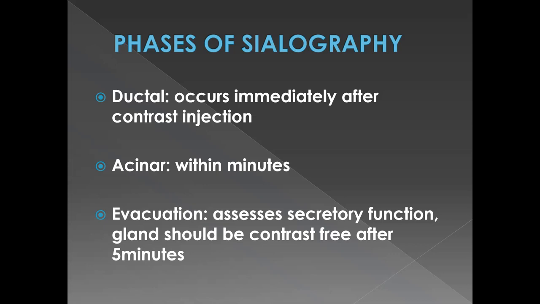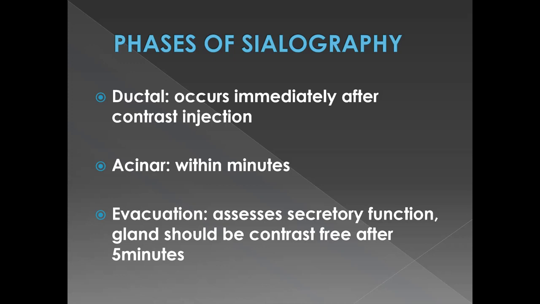So within 5 minutes it should be done. If you don't see any contrast inside the gland after 5 minutes, it means that the secretory function of the gland is fine. However, if you're still seeing contrast in areas of the gland even after 5 minutes, it shows you that there is probably still an obstruction over here, or there is decreased secretory function of the salivary gland.